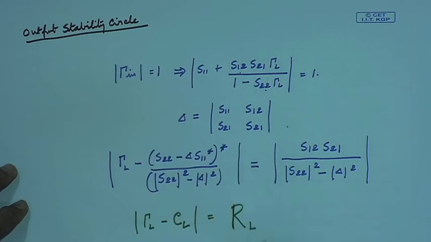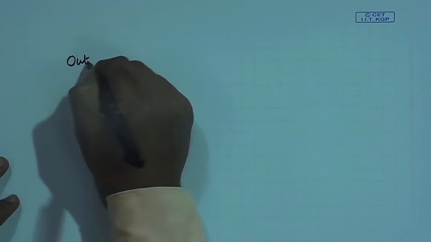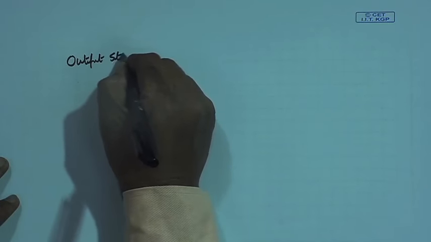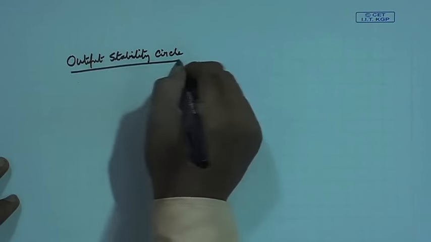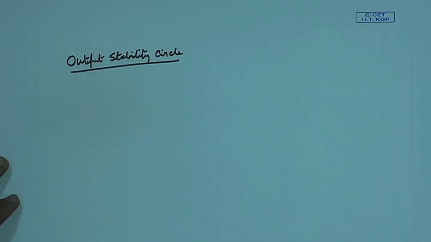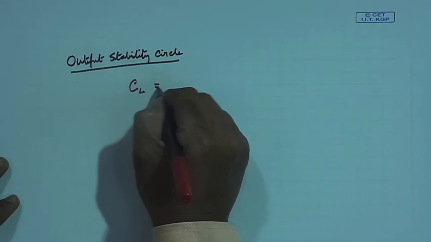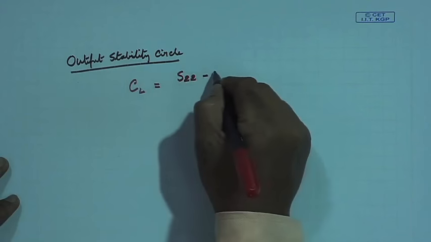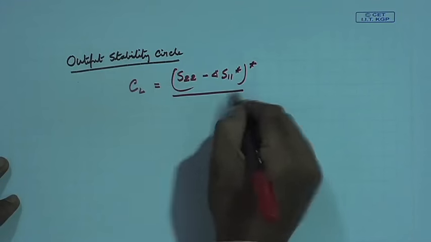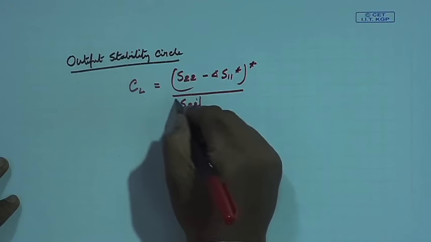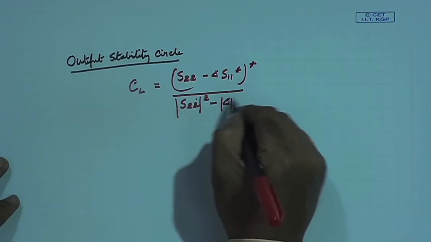So, we can say that the output stability circle has a center at CL equal to S22 minus delta S11 star, whole thing star, divided by S22 square minus delta square.